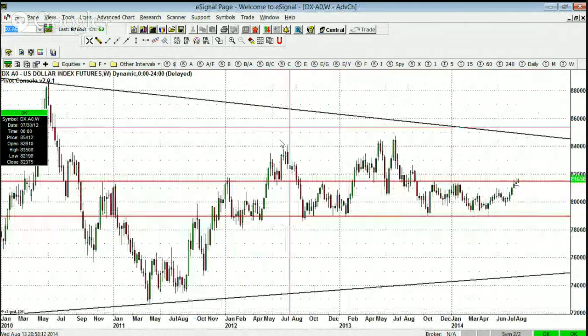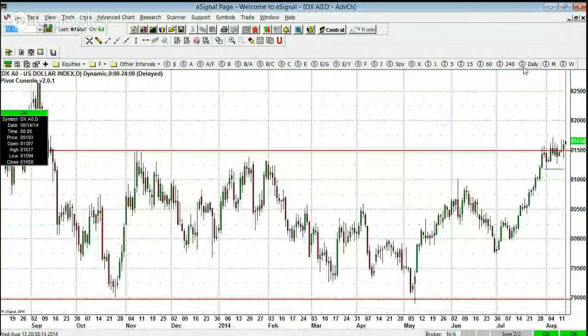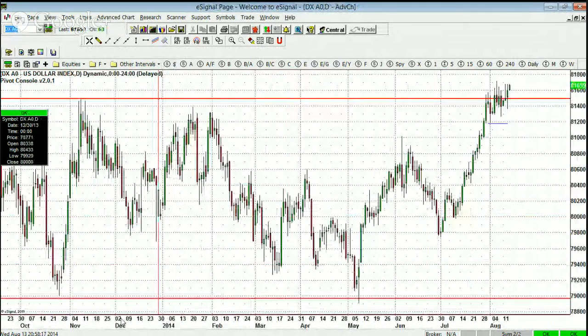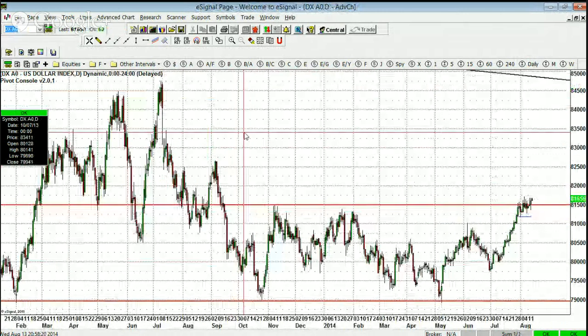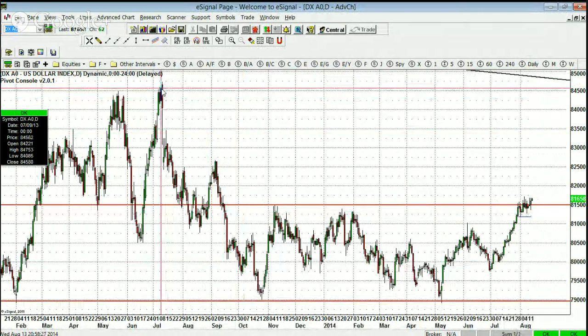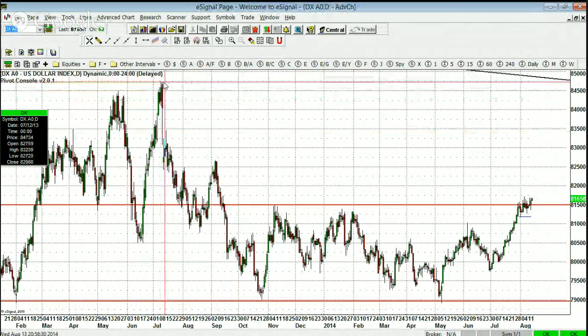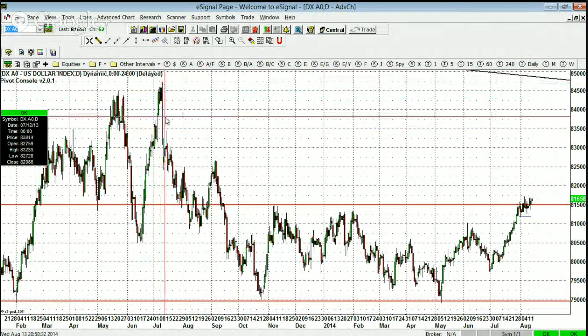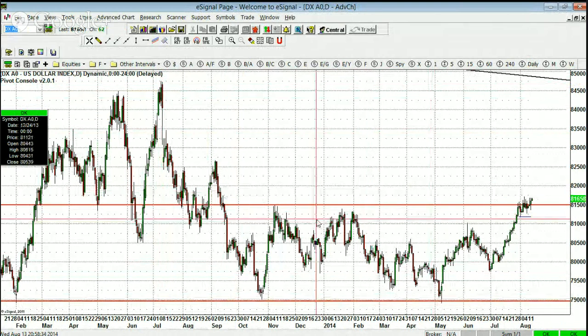Now, taking a look at the US dollar index to see exactly what's happening, a possibility is that the market is correcting this massive wave down. As you can see, it started here from about 84.70 down to 79.